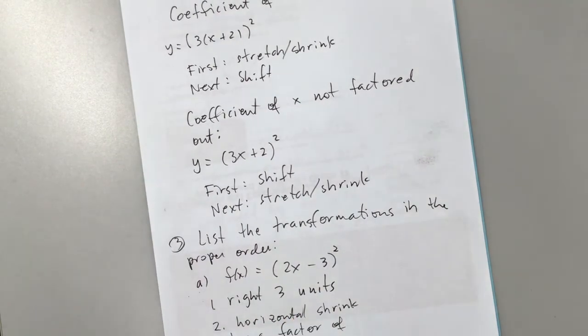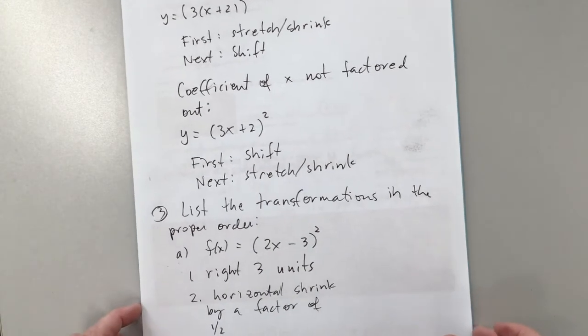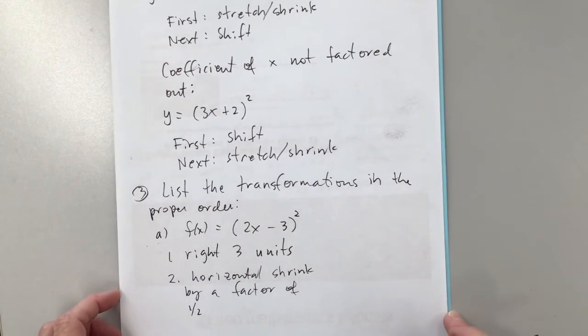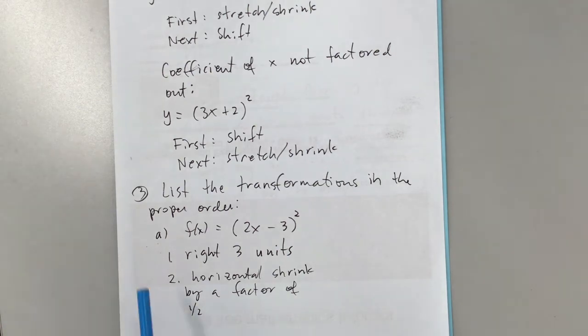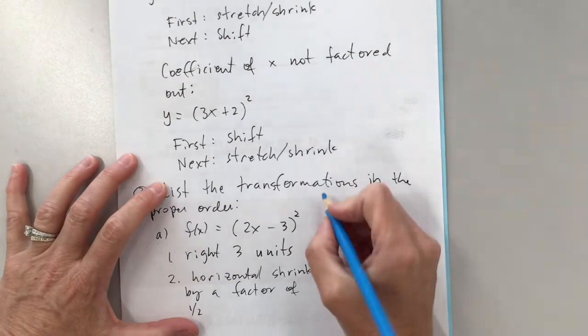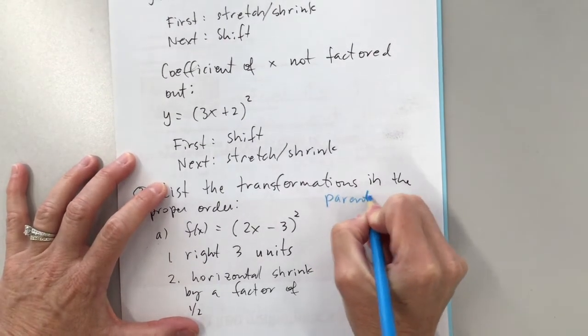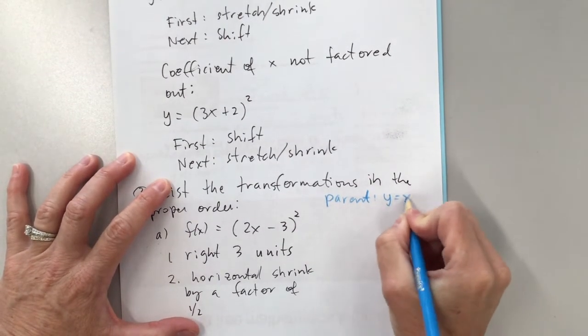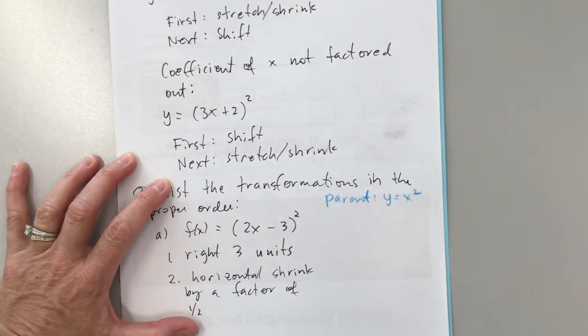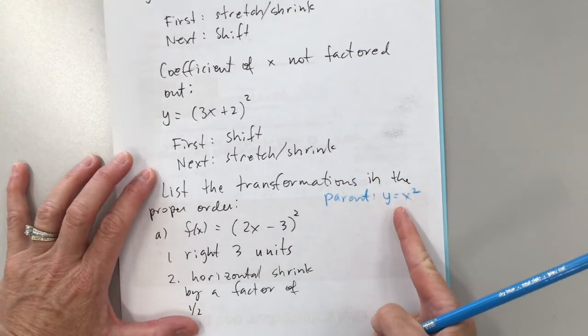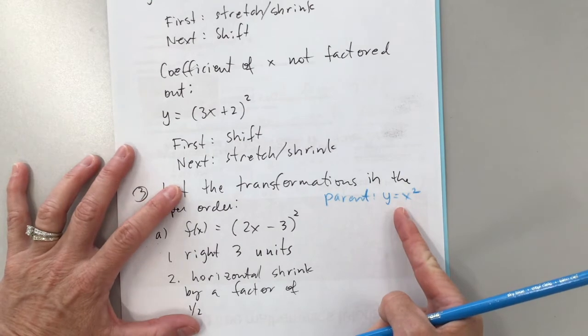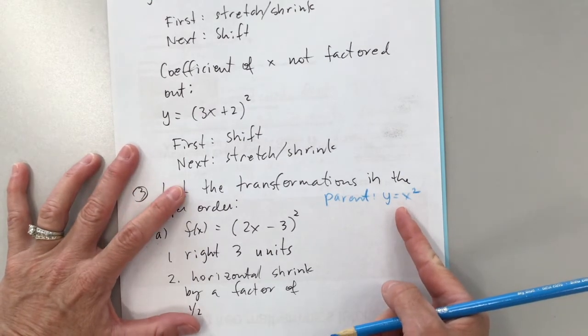Okay, this next step that I'm going to do is not required, but I know that some people resonate with it. Once you have your order that you think is correct, you can actually check it off to the side the way I did that last example. So you can say, all right, if I go right 3 units and my parent function is y equals x squared, it means that in my parent function, I'm replacing x with x minus 3.